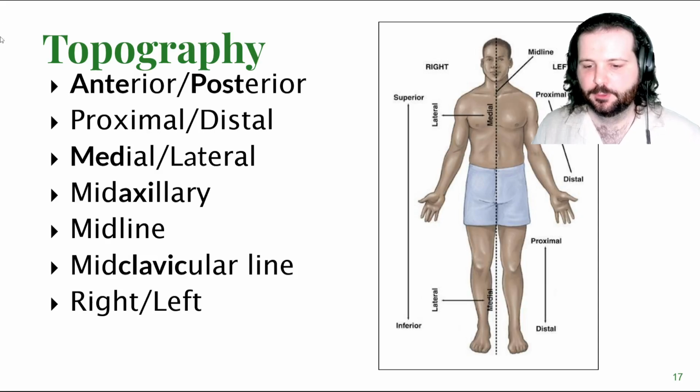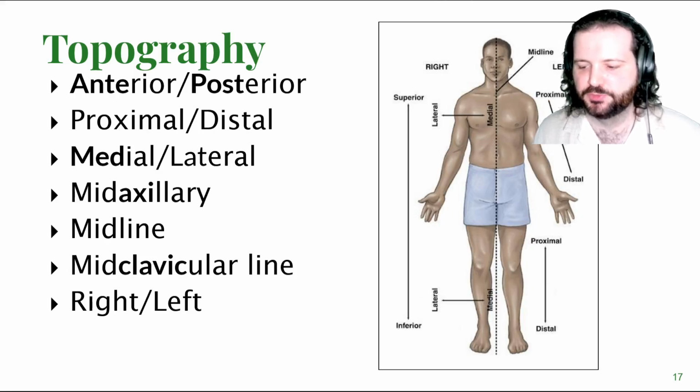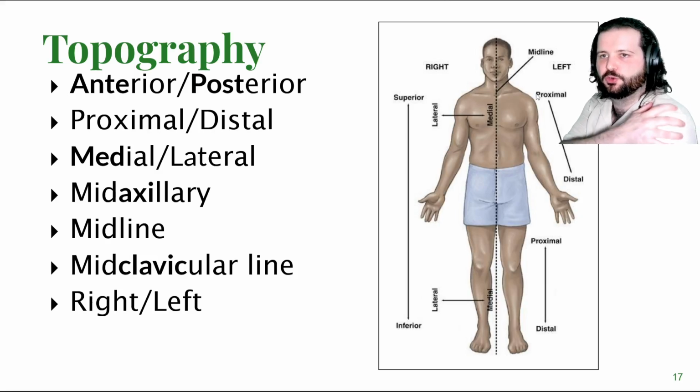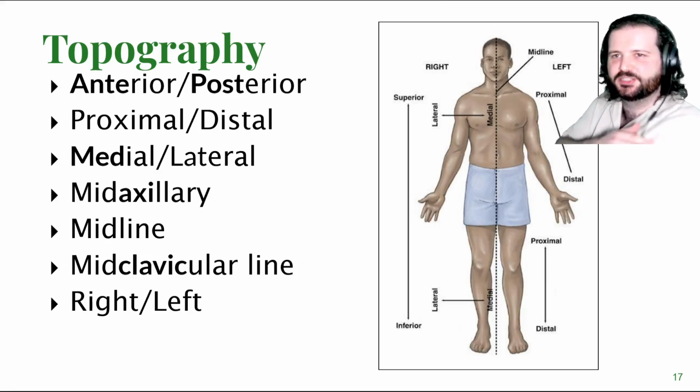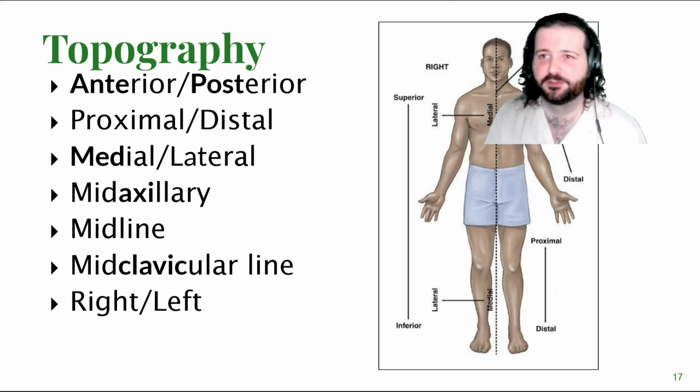After that, we've got this idea of something called proximal and distal. So that's essentially what we use for arms and legs, extremities. When I say proximal, it means closer to the core, closer to the chest, and distal means further away, right? So let's say I'm going back to that first example.